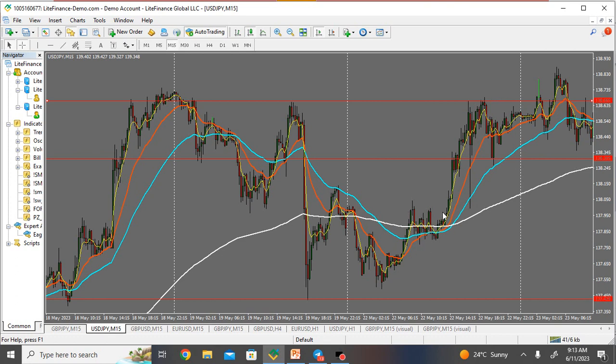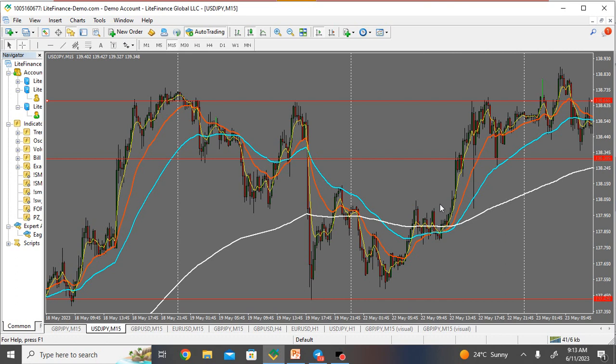But the risk, if your entry is here, you should put your stop loss around this one here, or you can risk putting your stop loss here, but somehow risky. If your entry is here, then your stop loss is here, but your target is here, you can see how much we risk.